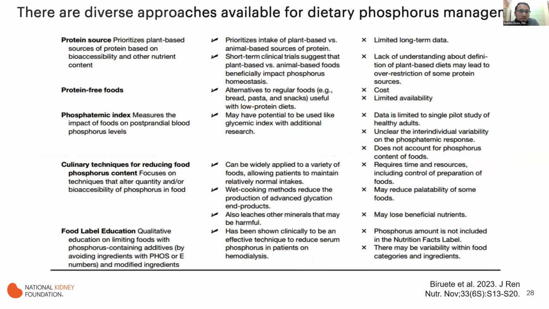One of the most recent tools is the phosphatemic index, which is akin to the glycemic index and measures the area under the curve at a meal. But the one that's made it into the guidelines, if I can go to the next slide, is bioaccessibility.